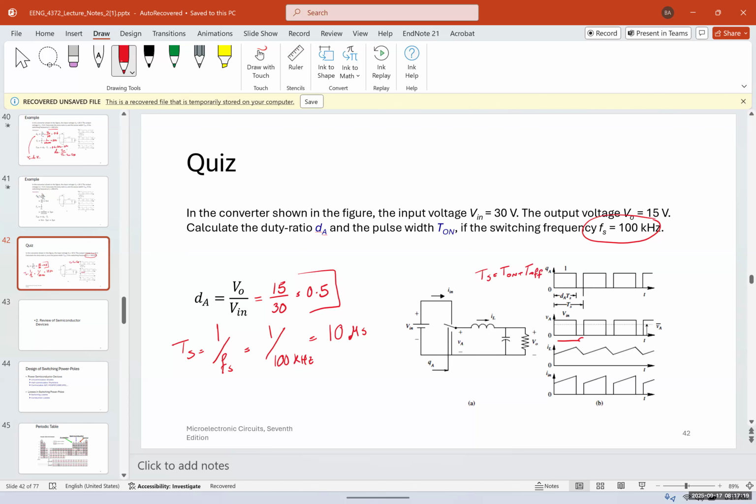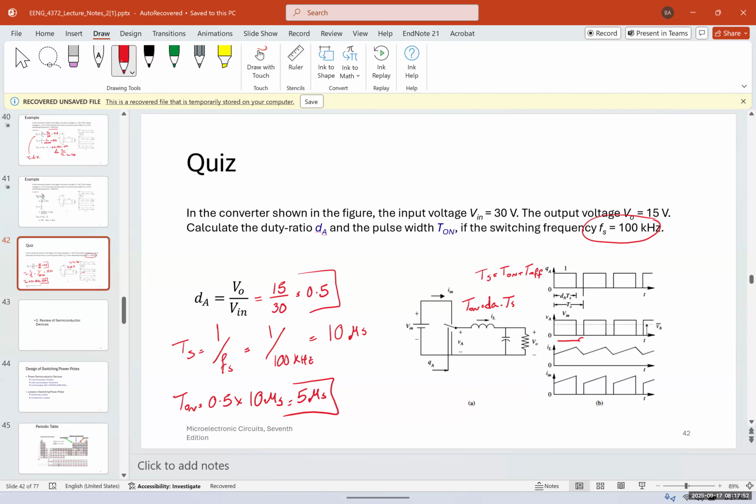And we also know that T on is equal to dA, or the duty ratio, times Ts, the duty cycle that it's turned on. Therefore, T on would be equal to dA, which is 0.5, times Ts, which is 10 microseconds, gives us 5 microseconds.